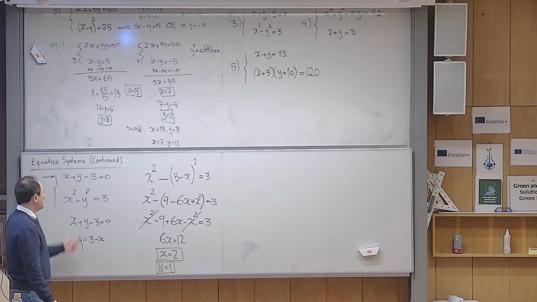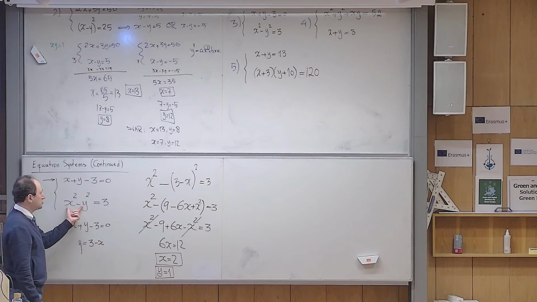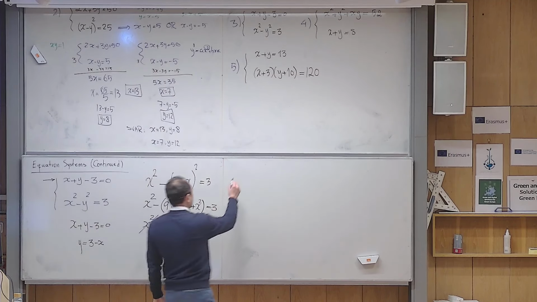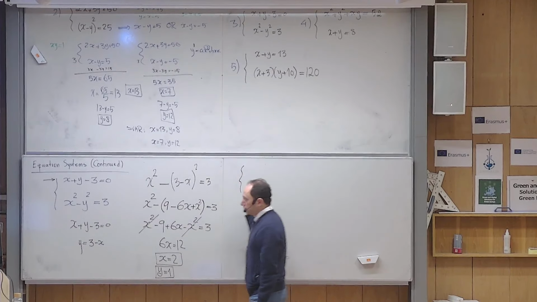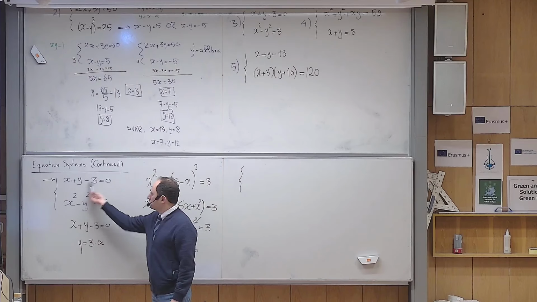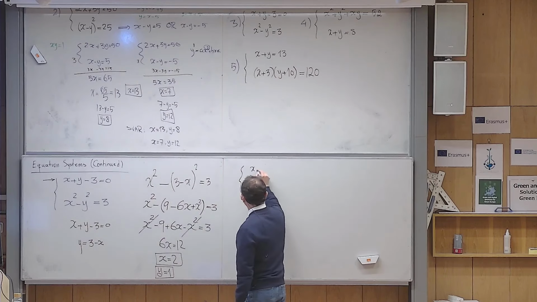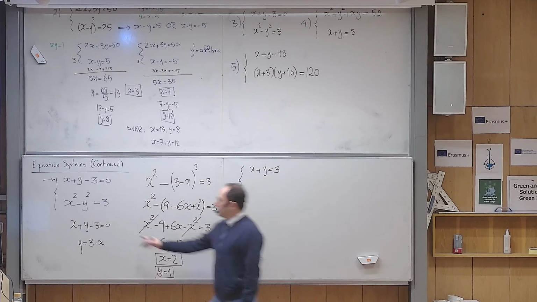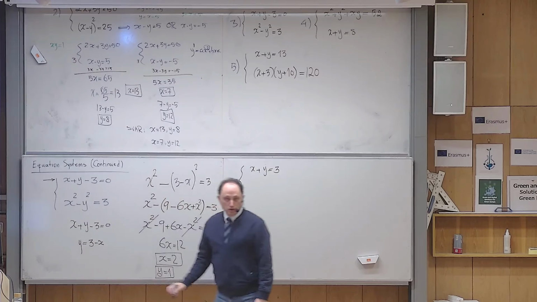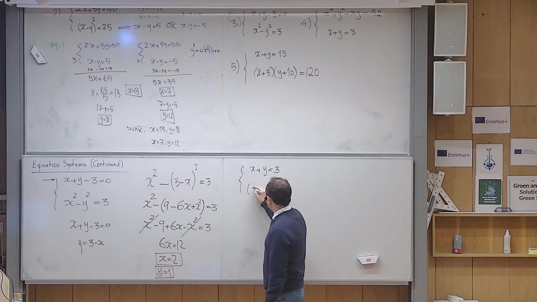Another way is, if you realize this is the conjugate rule, might be you find a different way. This is a different way of thinking. I want you to also improve that. So I move 3 to the other side. Yes? And then I factorize this using conjugate rule. It becomes x plus y times x minus y is equal to 3.